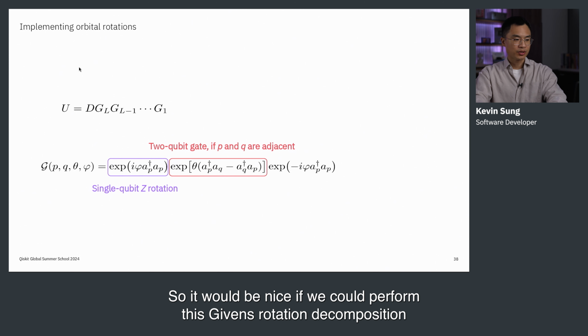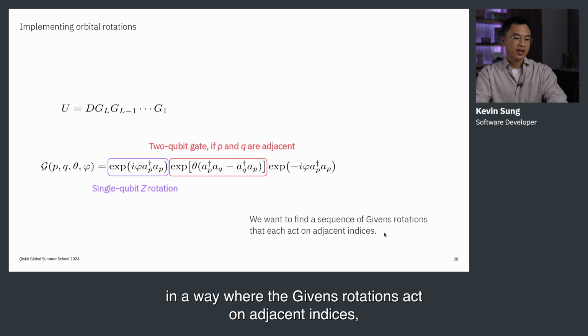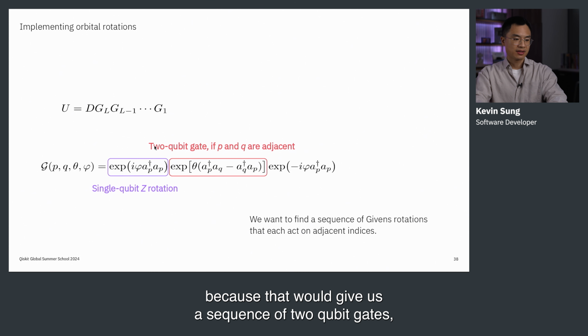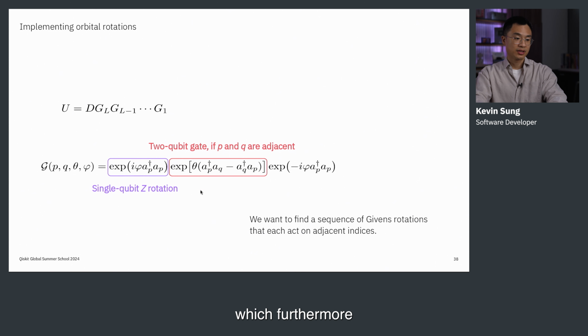So it would be nice if we could perform this Givens rotation decomposition in a way where the Givens rotations act on adjacent indices, because that would give us a sequence of 2-qubit gates, which furthermore just act on adjacent qubits.